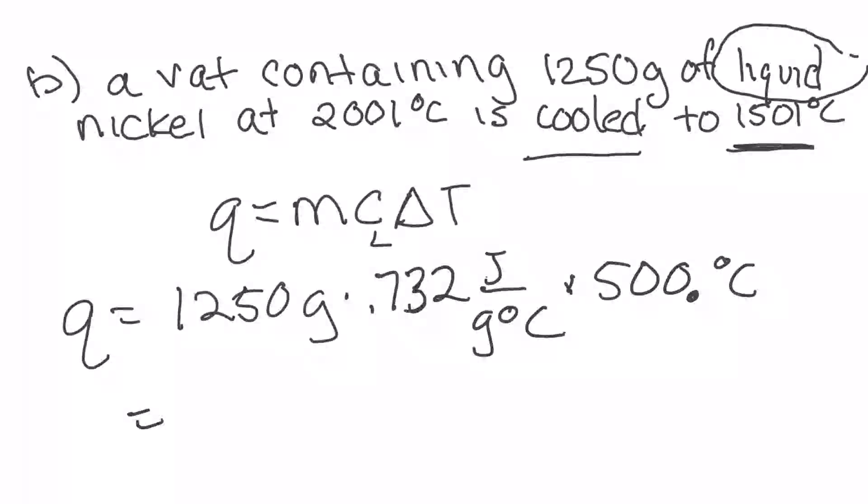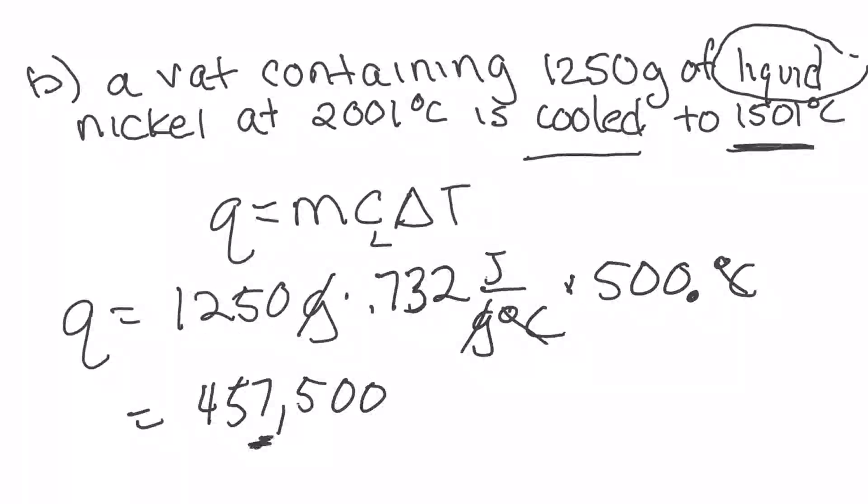So then once again, I get out my calculator. And I've chosen the right equation because you can see the units all cancel. And I used the right specific heat. So 1,250 times 0.732 times 500 equals 457,500. But once again, way too many sig figs. I only need 1, 2, 3 sig figs. 1, 2, 3.